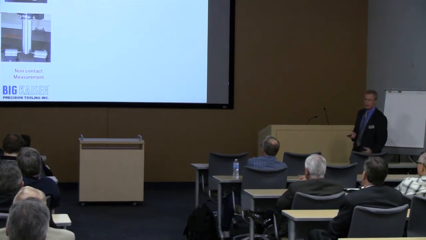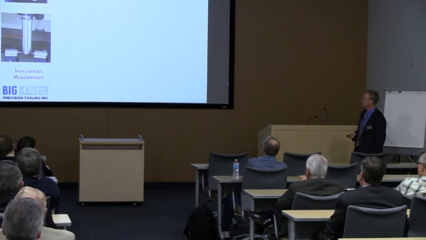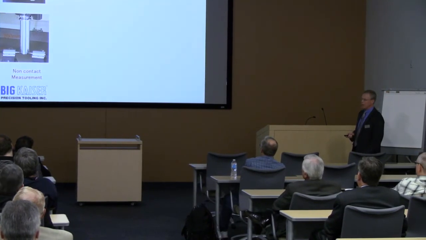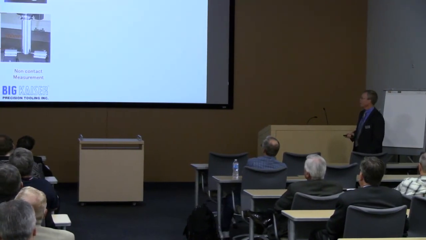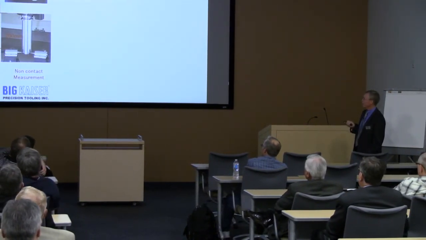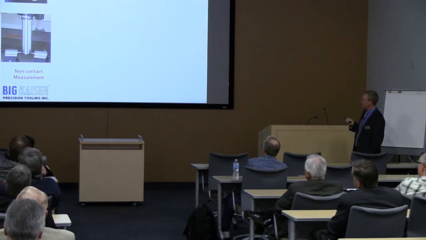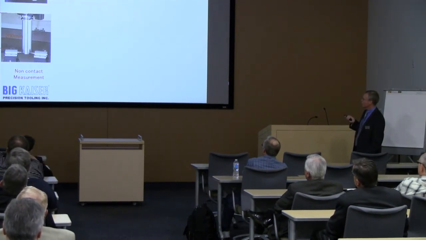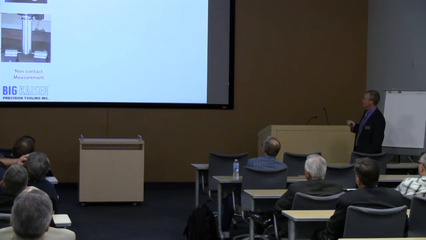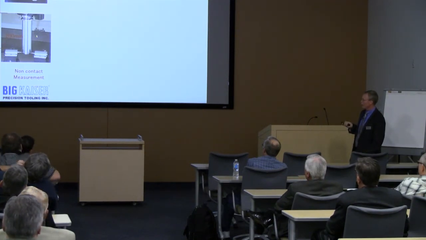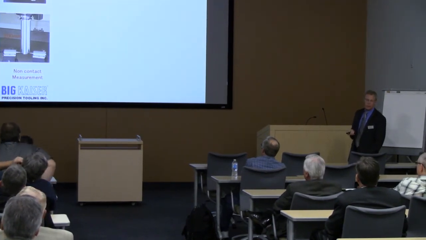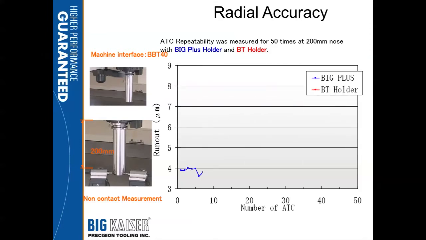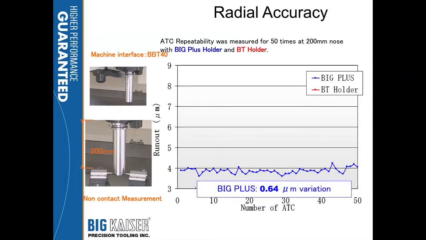What kind of radial accuracy are you trying to achieve? We took tests at DAISHOWA-Americas in Japan with a standard machine Big Plus 40 taper, checking it between Big Plus and BT 50 times. We tool changed in and out of the spindle to find out what the accuracy is. With the Big Plus, we had less than 1 micron variation over 50 tool changes.